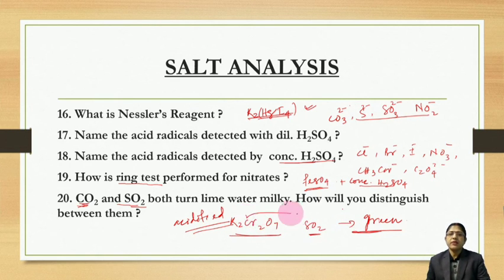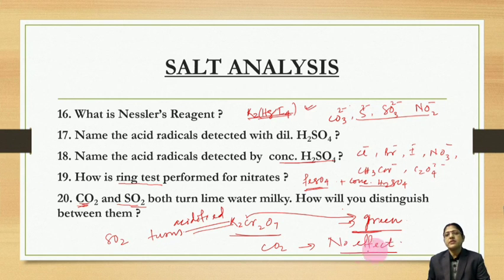That means the color of acidified K2Cr2O7 turns green, but CO2 has no effect. So in this way we can distinguish or differentiate CO2 and SO2.